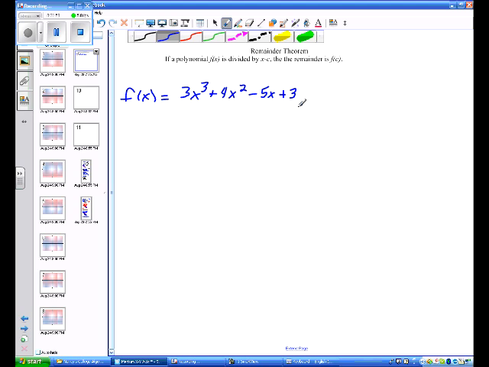And what we're asked to do is find f of negative 4. Well, if we need to find f of negative 4, then what that means for us to do is take our function, wherever there's an x, plug in a negative 4. That's what we've done before. So wherever we have an x, we're going to plug in negative 4.